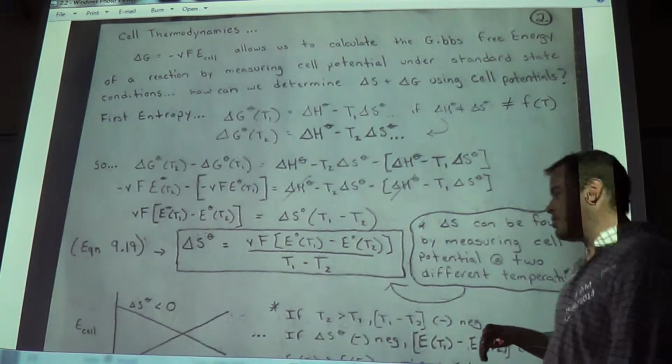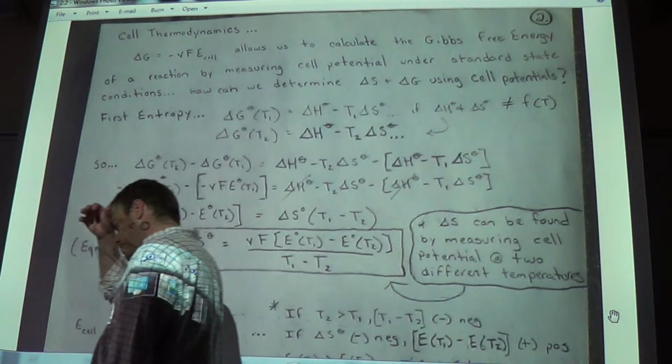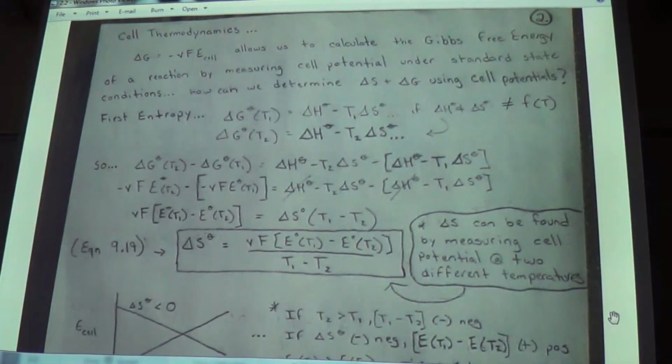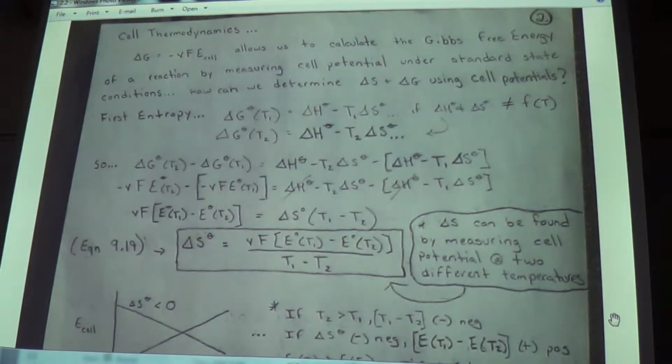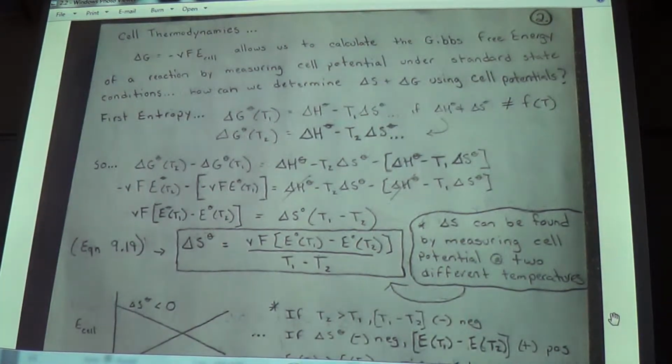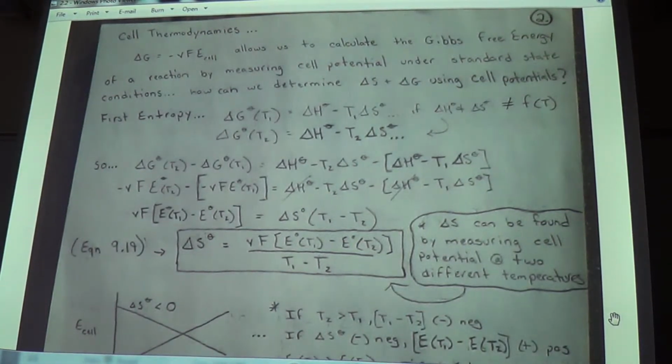So when we first introduced the cells and delta G of the reaction and delta S of the reaction, we said that if you discharged the cell through a capacitor inside a calorimeter, you figure out that the heat dumped into the calorimeter out of the capacitor was equal to delta G for the reaction.